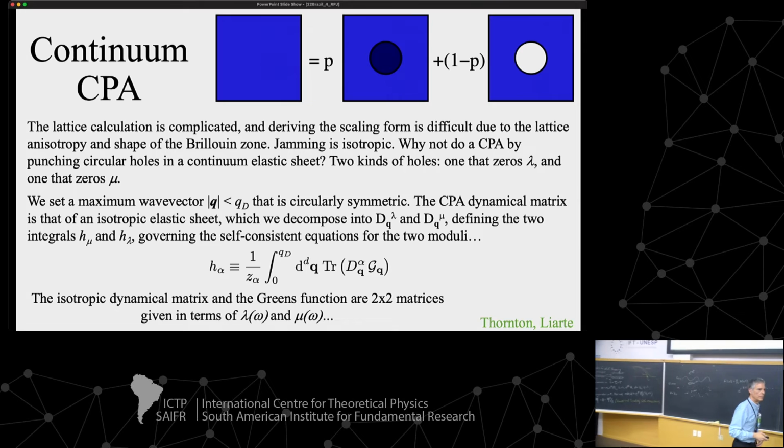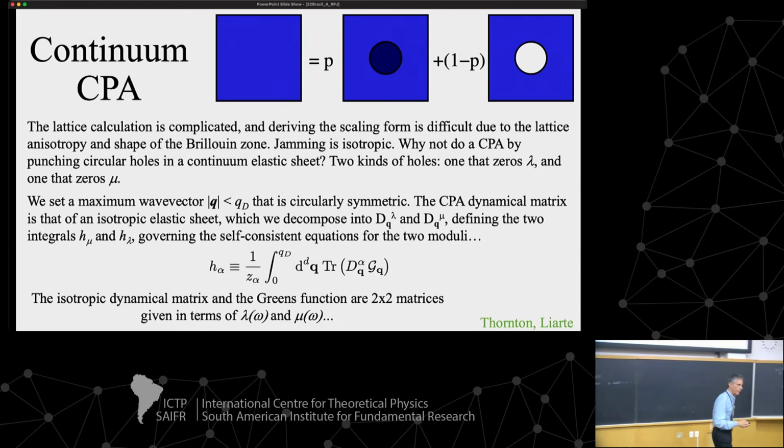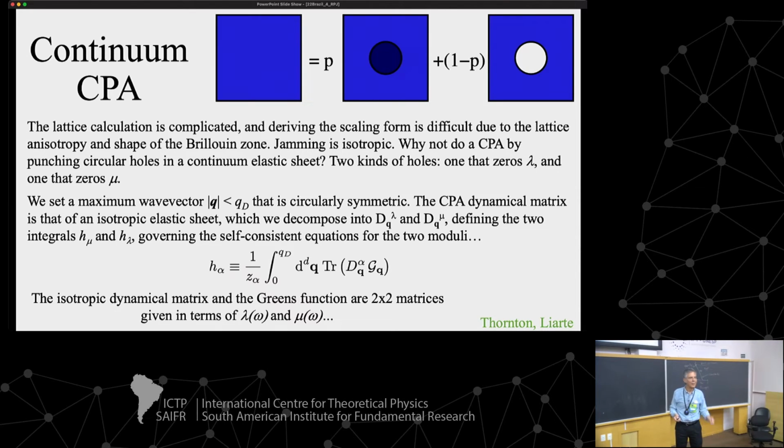When you compute the dynamical matrix in the isotropic material, you set lambda, and what about the new variable? So you remember that there were formulas from elastic theory for the dynamical matrix.